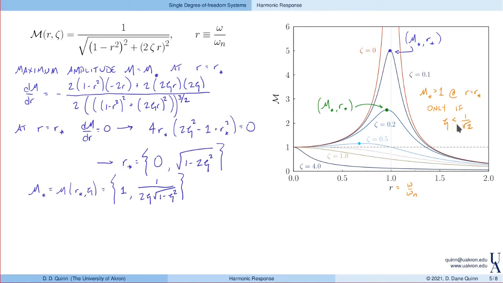However, if zeta is greater than 1 over the square root of 2, which is about 0.707, then as I increase the forcing frequency, the response simply drops. This critical level, zeta equal to 0.707, gives me a response curve like this.